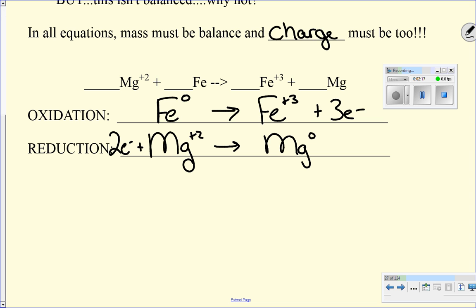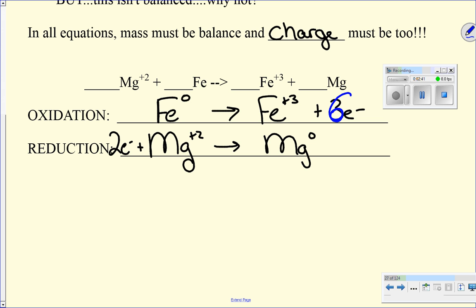We talked about this before: the number of electrons lost and the number gained have to be equal to each other. So we have to find a common multiple. The only way to get a whole number of moles of electrons is to multiply our entire oxidation by 2.